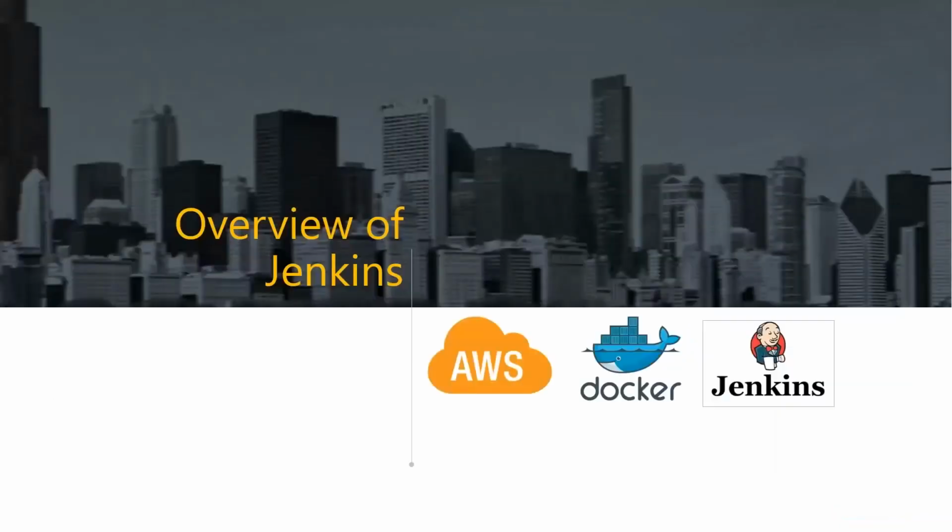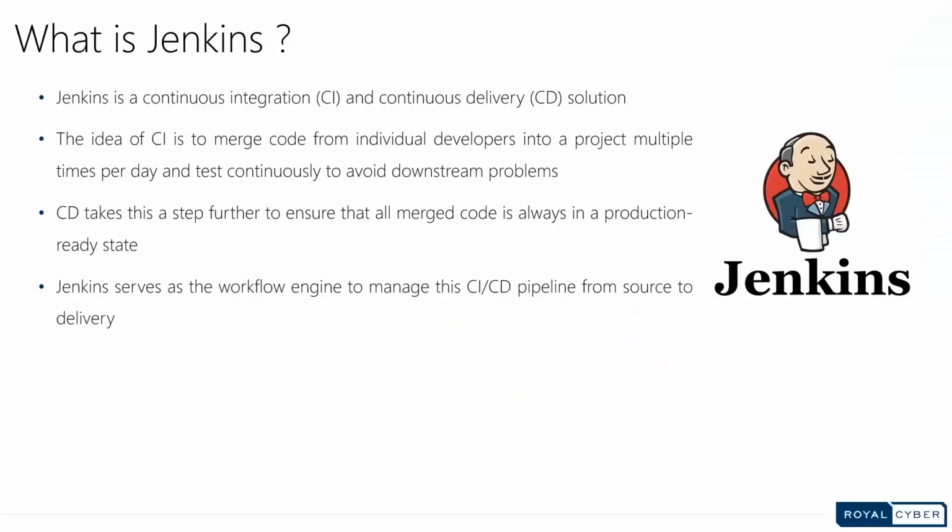So this was just about microservices, and let's jump into an overview of Jenkins. Now that we have our containers and ECS has deployed those containers, we can see how Jenkins can help in our CI/CD pipeline. Jenkins is a continuous integration and continuous delivery service.